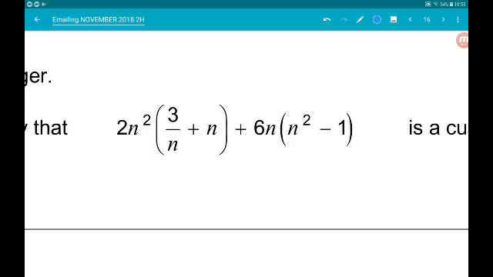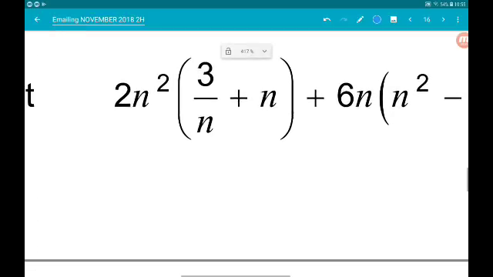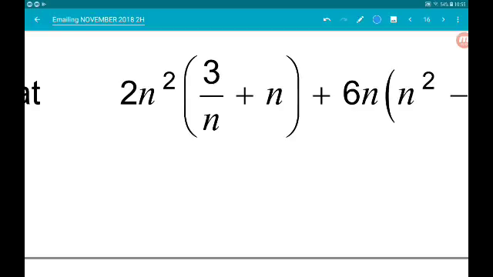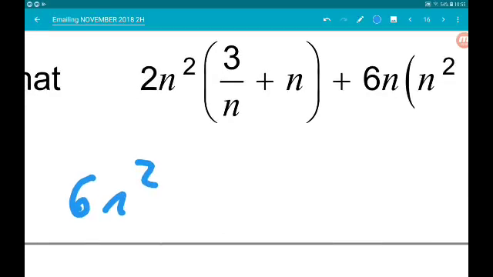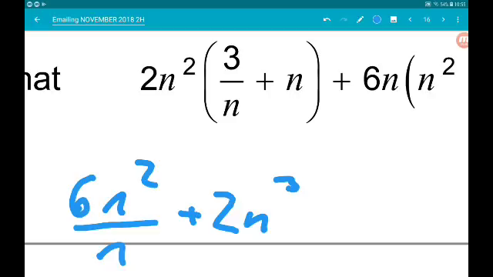So, it's a very common first move that we need to expand brackets. So that is exactly what we need to do here. So, 2n squared times 3 over n is 6n squared over n, and then 2n squared times n is 2n cubed.